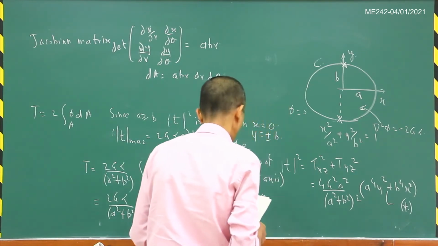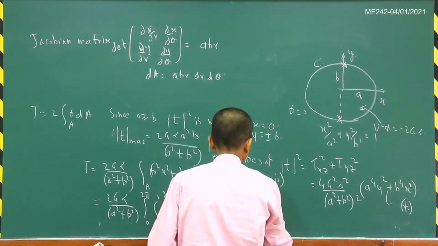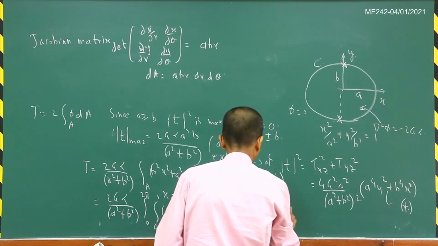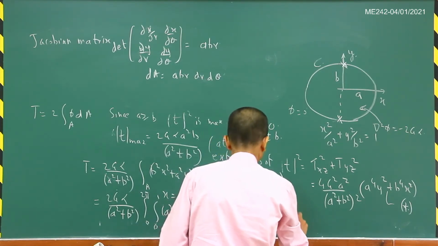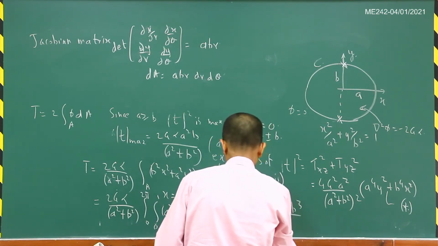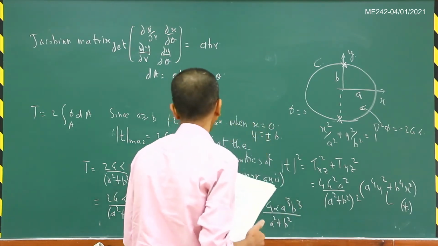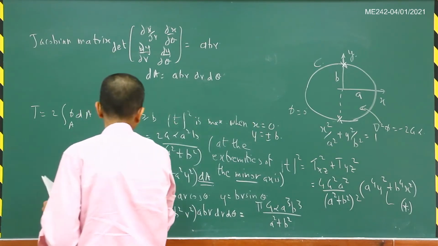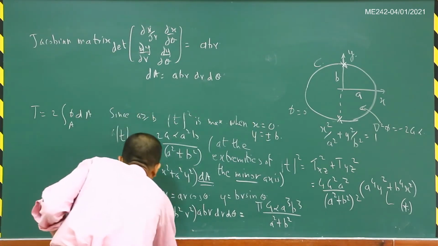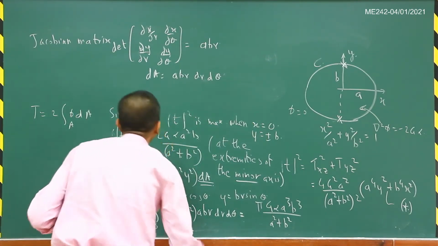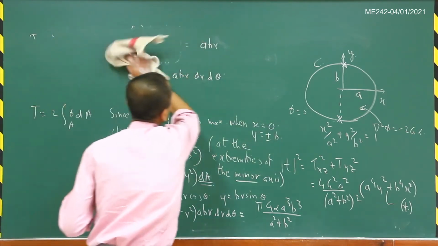Finally, if you evaluate this, you will get pi G alpha a cube b cube divided by a square plus b square. So from this we will get the torsional rigidity.